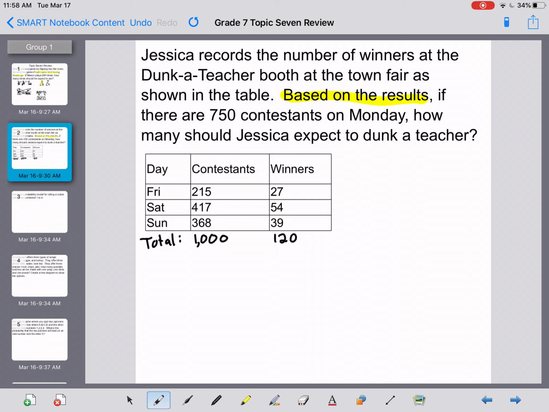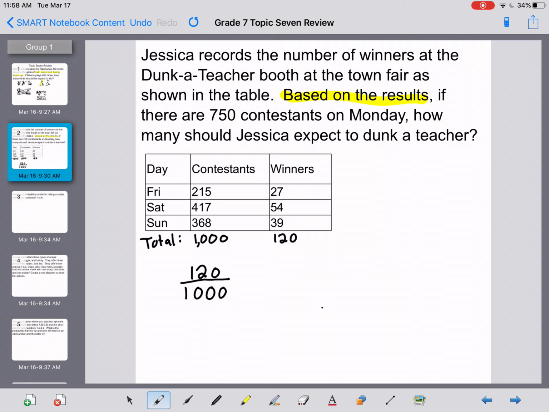So there's a total of 120 winners. So I'm going to write my experimental probability that somebody will win. There were 120 winners over the 1,000 times the experiment was conducted.